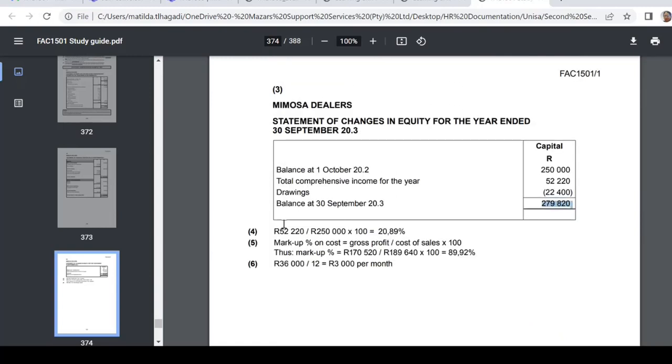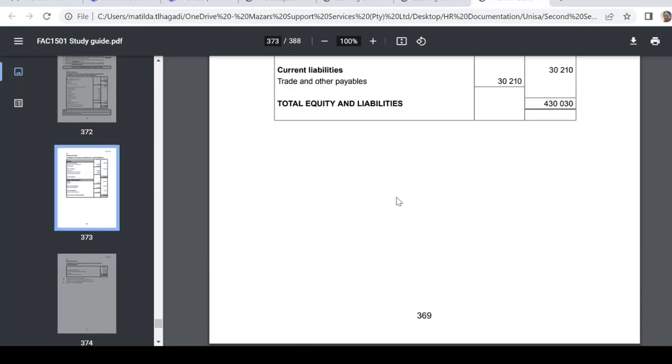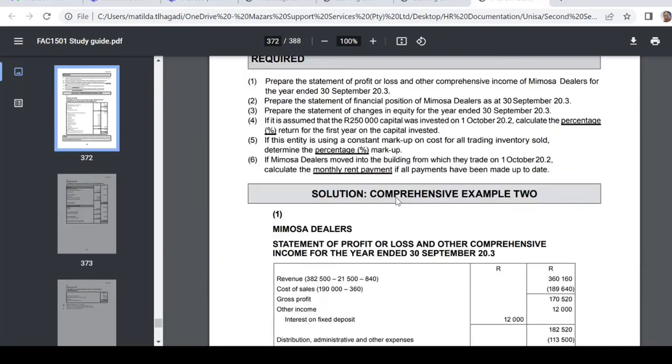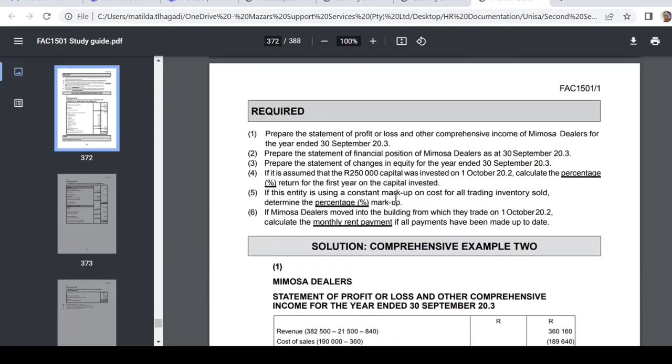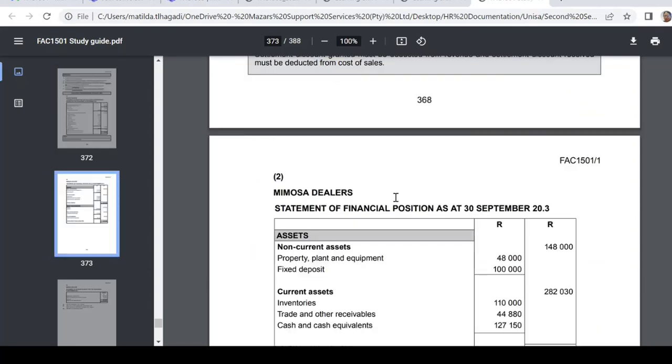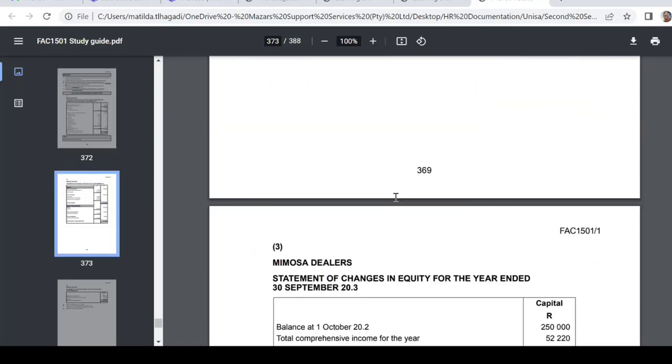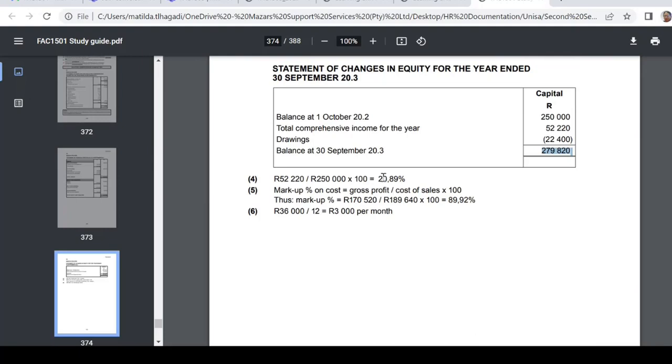So they took the profit divided by the capital, so it's 20.89%. Can you see? So the percentage return for the first year. So the return of the owner on capital invested for the first year is 20.89.